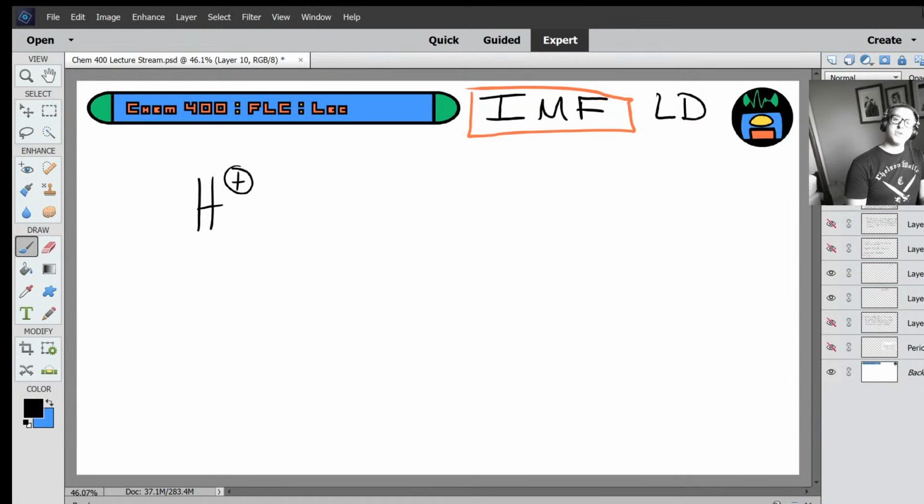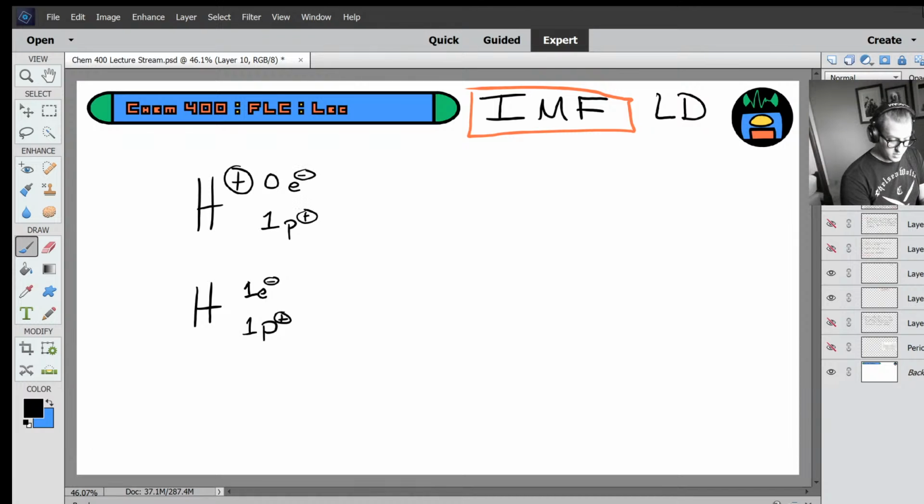H plus has no electrons, right? Because hydrogen has one electron and one proton. So if hydrogen has a positive charge, that means it has one proton and no electrons.